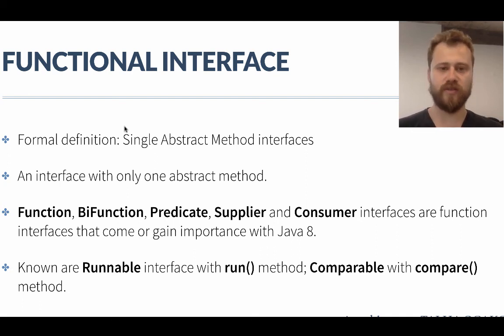A single abstract method interface is an interface that includes only one function or method inside it. The best known are the Runnable interface with the run method, and the Comparator interface, whose only method is the compare method, so that any caller knows that compare is the name of the method that does the real processing.